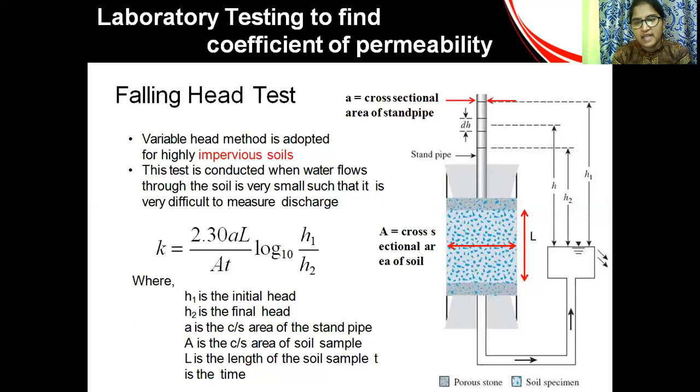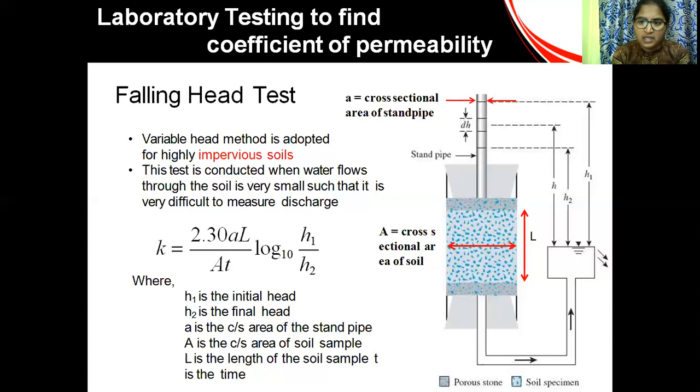At the beginning, water flowing through the soil requires more time. Why? Because the gaps between the soil particles are filled by water, point to point, so the time required will be more.